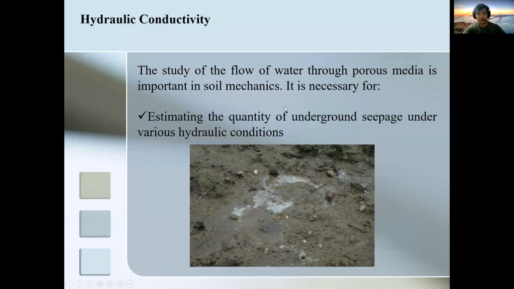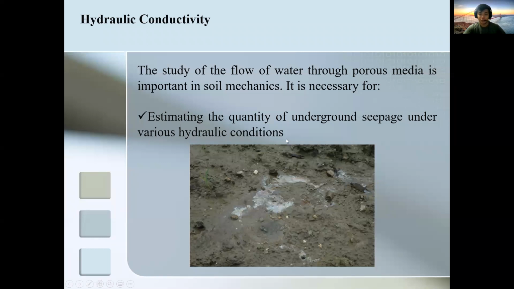Okay, so the study of the flow of water through porous media is important in soil mechanics, because estimating the quantity of groundwater seepage under various hydraulic conditions is very important, since site conditions will vary from place to place.